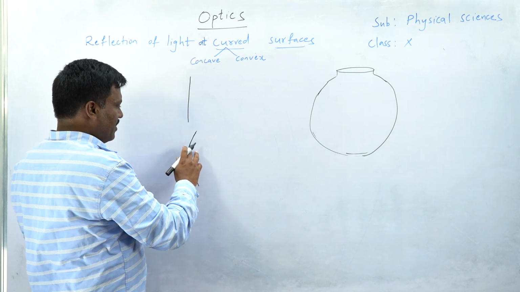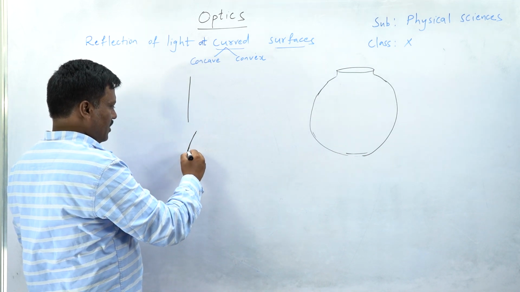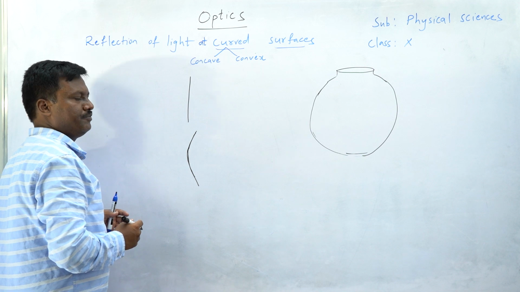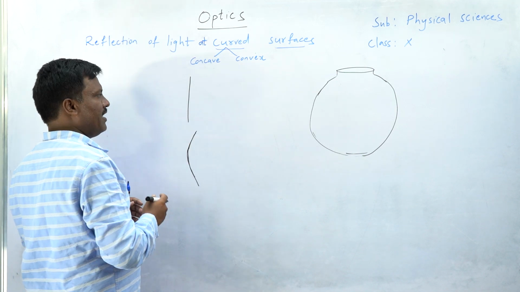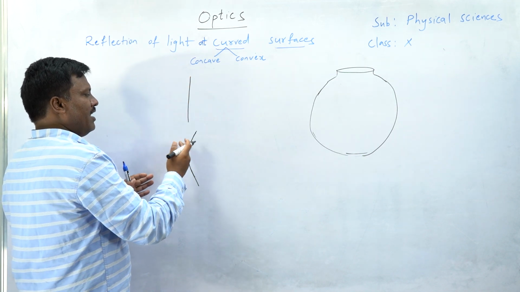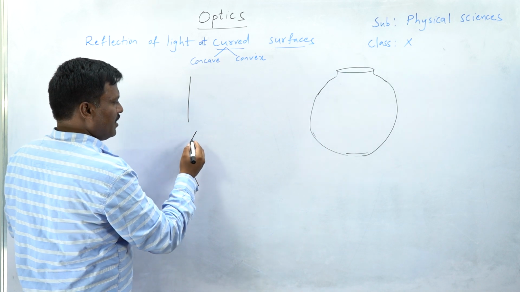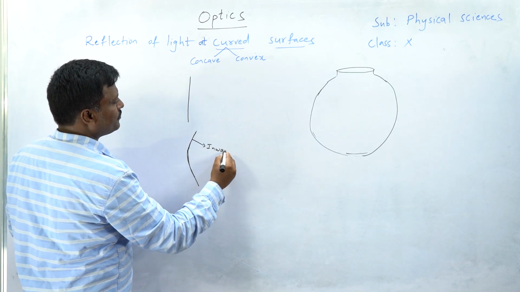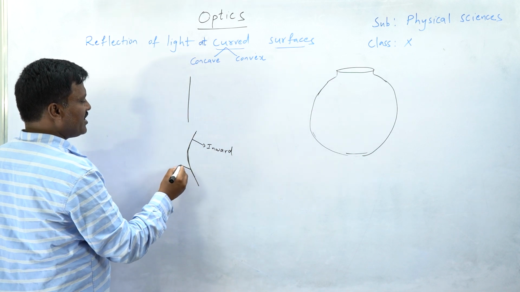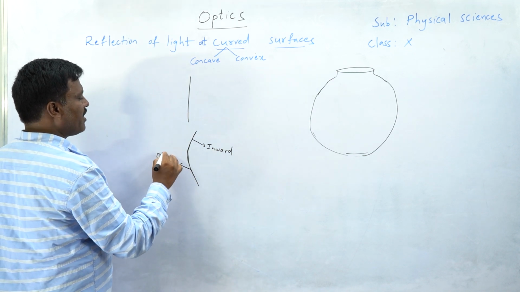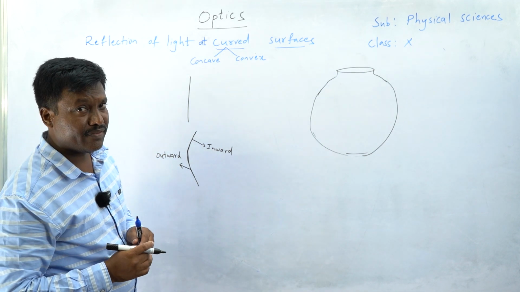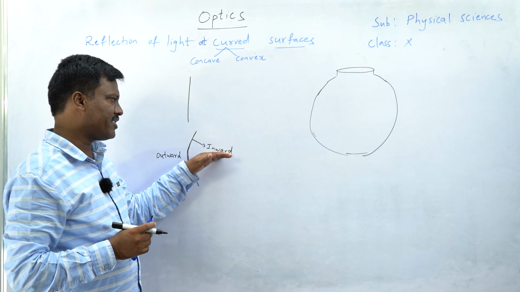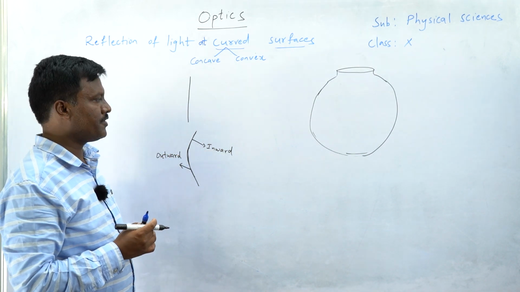It has two surfaces. This is called the inward surface and this is called the outward surface. How many surfaces do we have? Inward surface and outward surface.